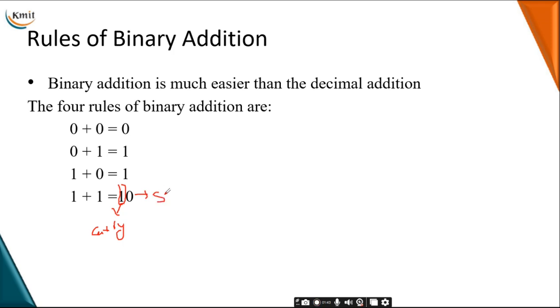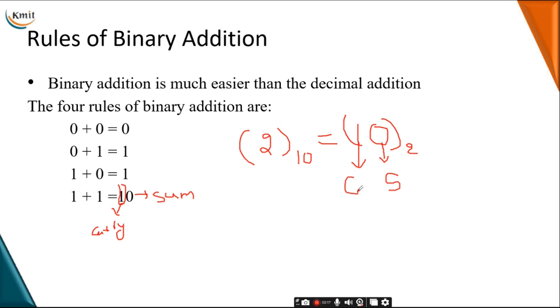So 1 plus 1, as we already learned, is 2 in decimal, which in binary is 10, that is 10 to the base of 2. The least significant bit 0 is considered as the sum, and the second bit is considered as the carry.